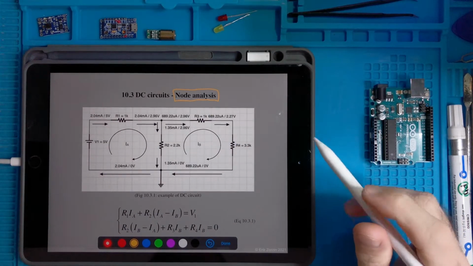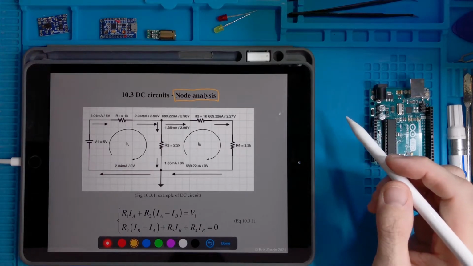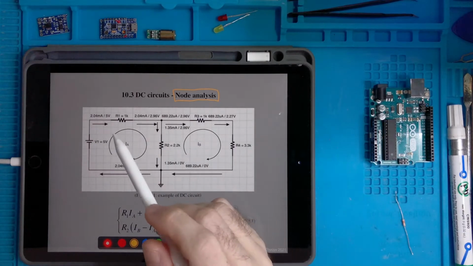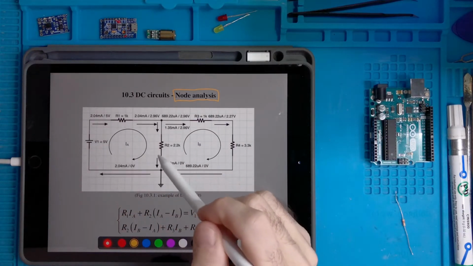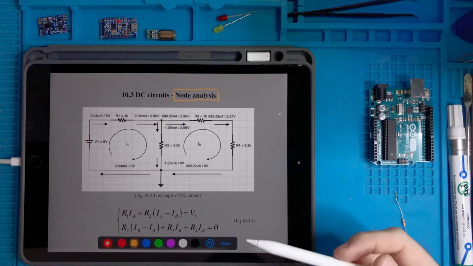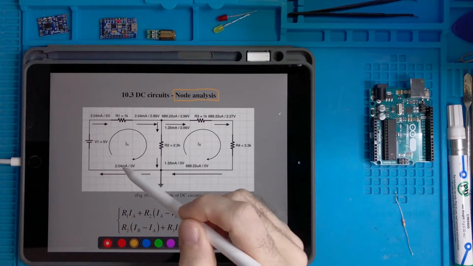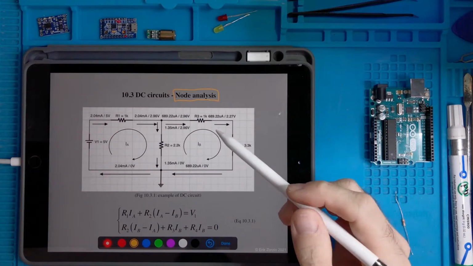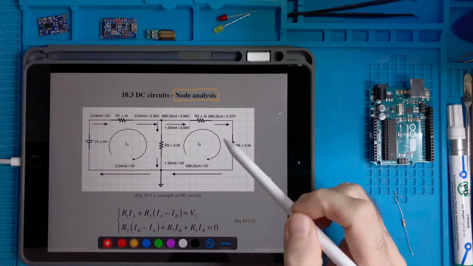So first of all, let's say better what we mean by solving a circuit. It means that we give the topology of the circuit, so the circuit itself, the connections, the schematic diagram, how the things are interconnected with each other. We give the value of the components.